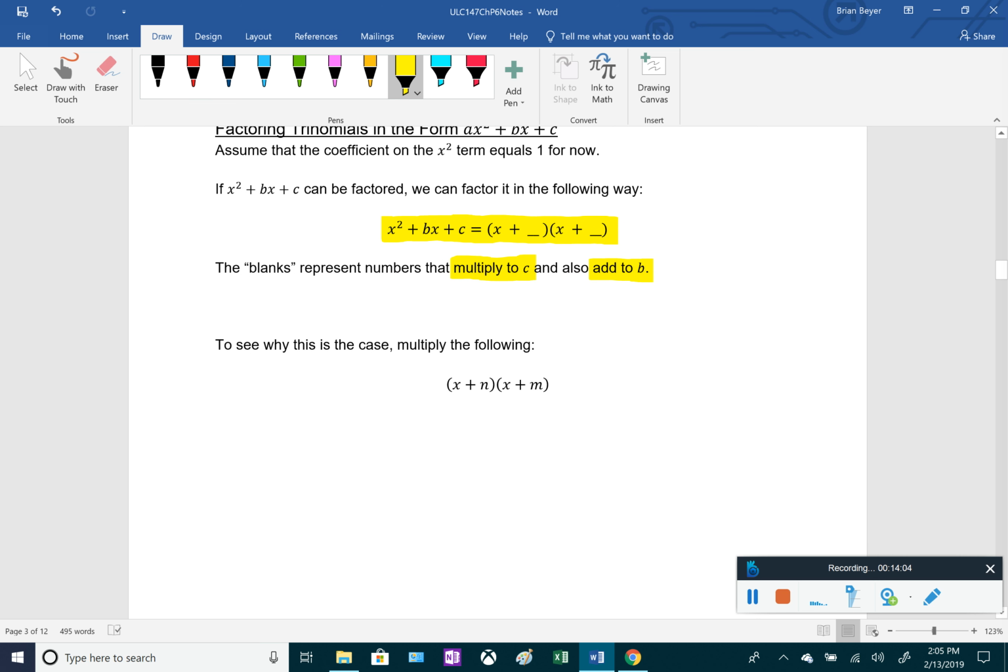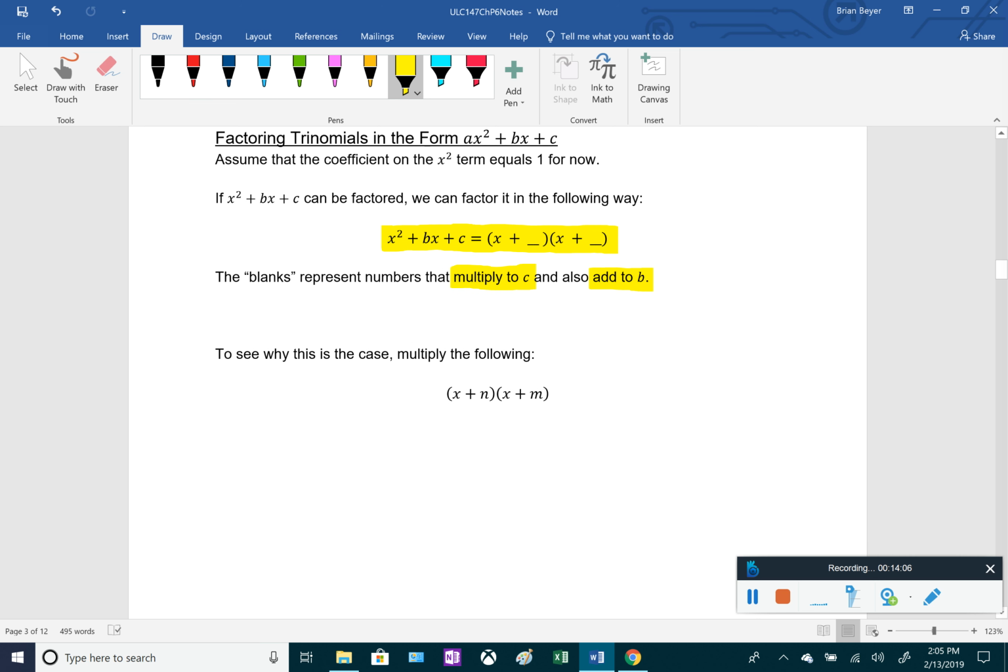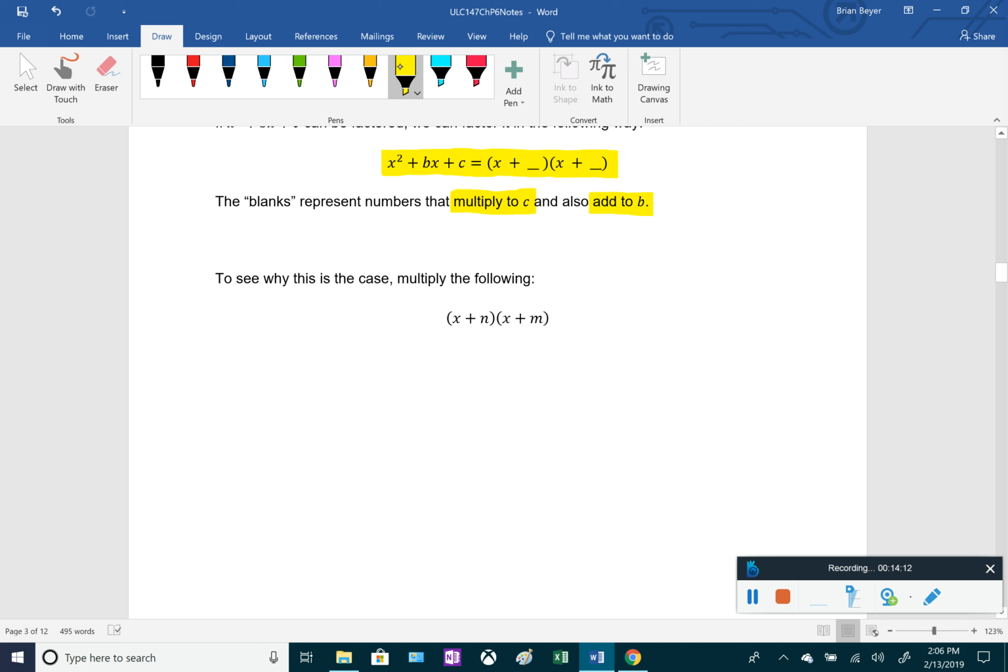So let's see why this happens. Let's multiply x plus n times x plus m. n and m are just going to be some numbers here. If we multiply these, this would be foiling, right? It would be x squared plus mx. Now distribute the n: plus nx plus n times m.